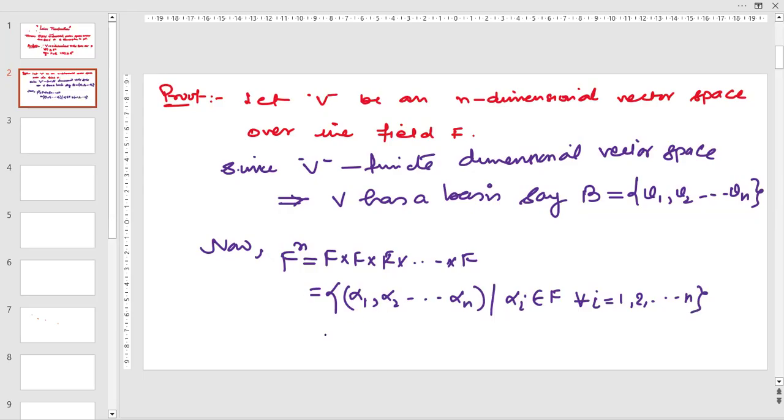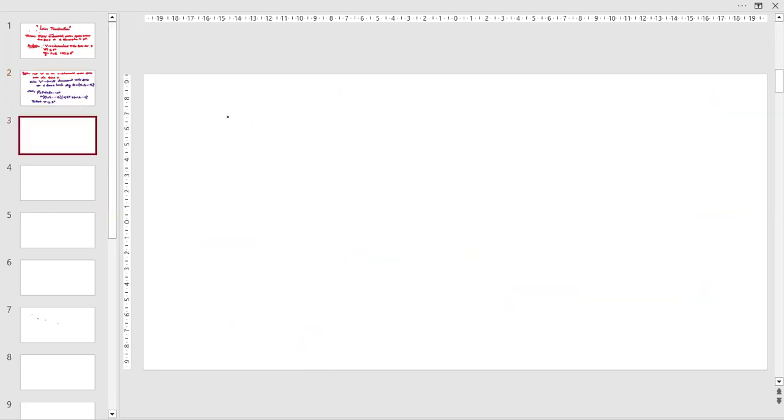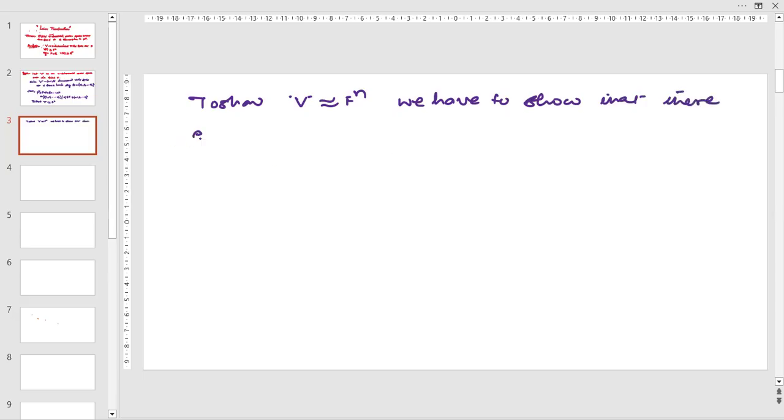Now to show V is isomorphic to Fn, we have to show that there exists an isomorphism from V to Fn. So we will define this.